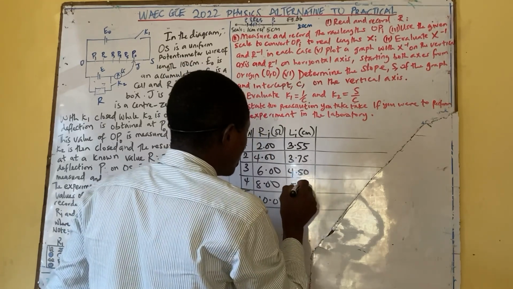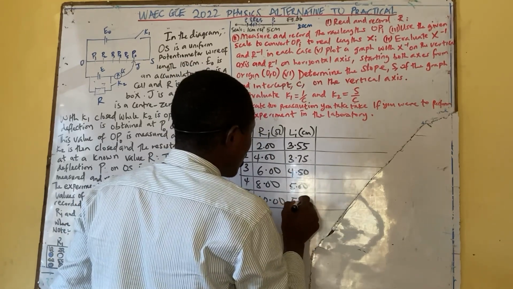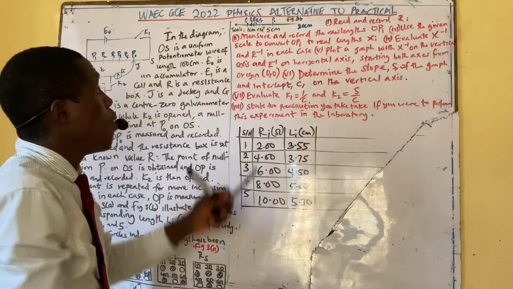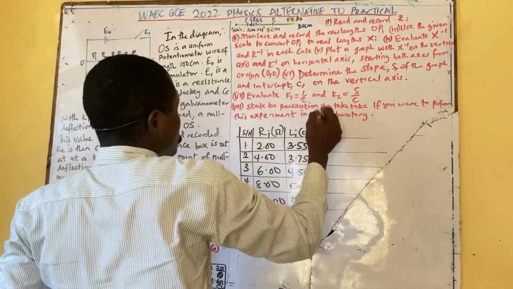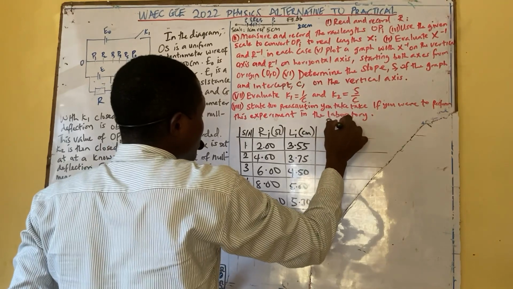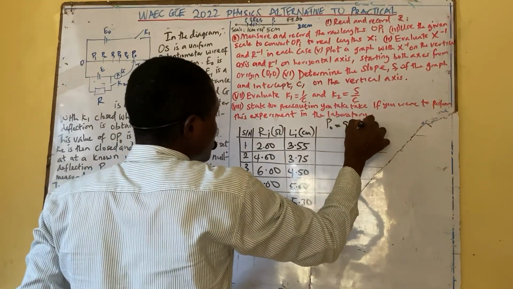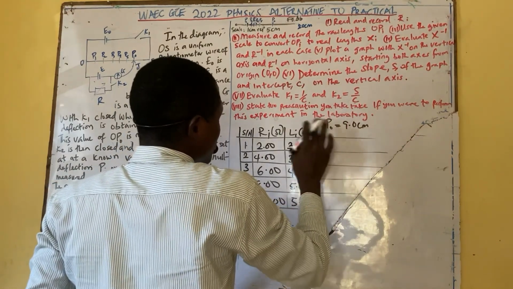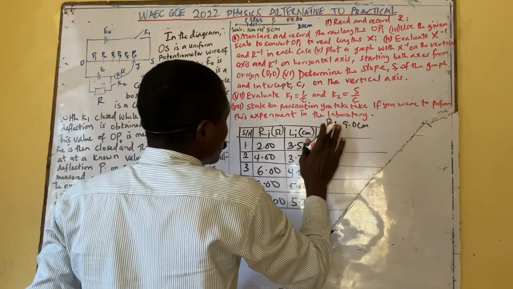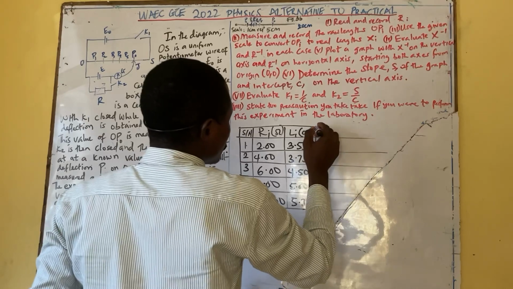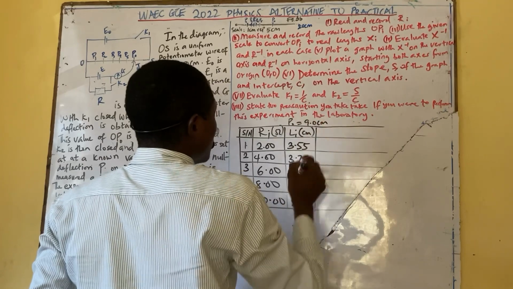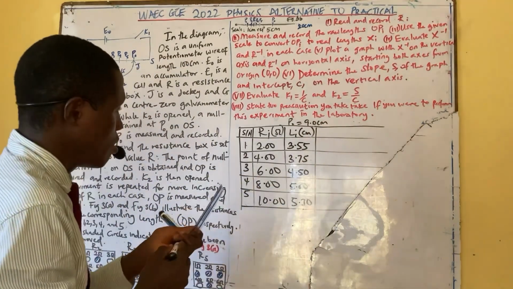This one is 5.0 centimeter, and this one is 5.30 centimeter. So that's how we get the raw length. P0 is 9.0 centimeter. You can write it somewhere here so that you will not mix it together.